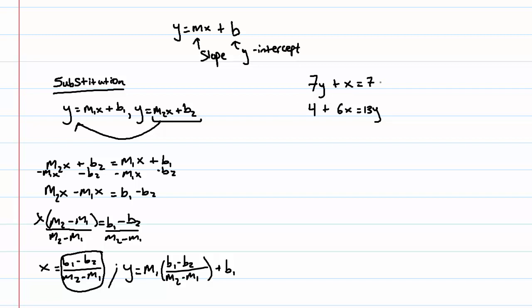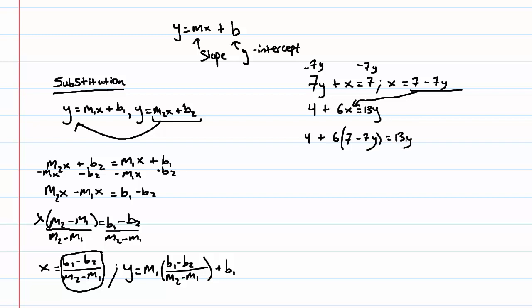Let's use the top to get x by itself. If we subtract 7y on both sides, then we'll have x equals 7 minus 7y. We can take this value and plug it into the x. From here we'll have 4 plus 6 times the quantity 7 minus 7y, equals 13y.